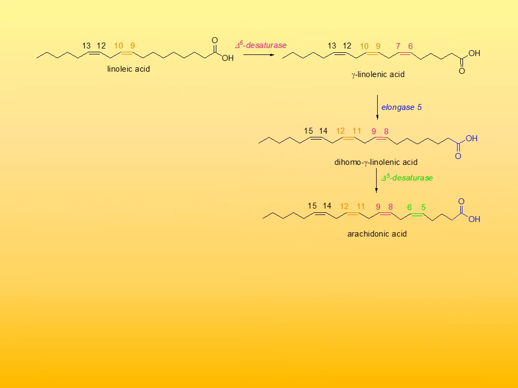Starting with linoleic acid, the enzyme delta 6 desaturase gives gamma linolenic acid, GLA. So delta 6 desaturase means that it introduces a double bond between carbons 6 and 7, double bond 6.